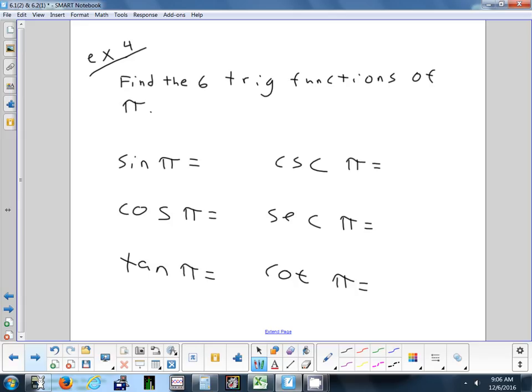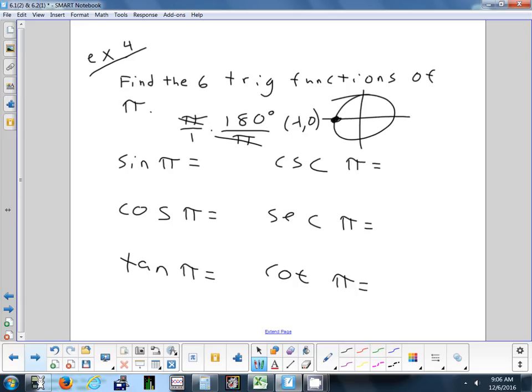But what could you do if you don't know what this is? Pi. You could convert it. And how would you do that? Yeah, you just multiply by 180 over pi. So pi radians is 180 degrees. What's the coordinate for 180? Yeah? -1, 0. It's right there. And now you go through and plug in all the x's and y's into those formulas.